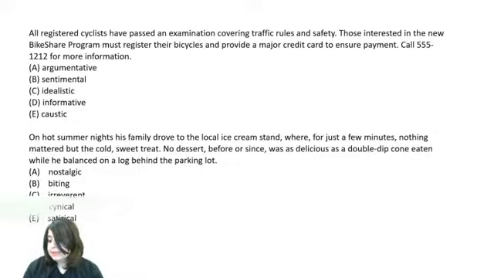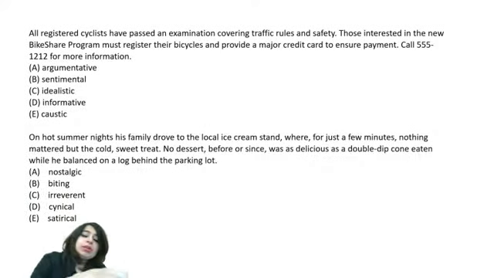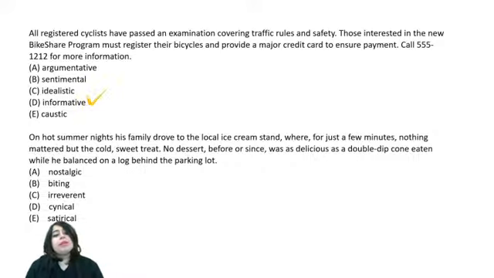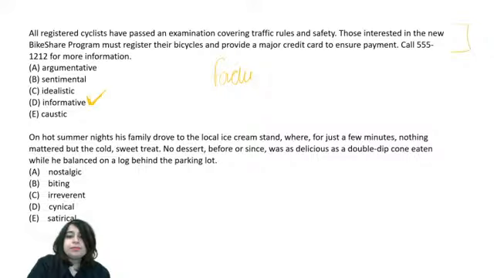So Rohan has answered here as D. Abhishek has also answered D. Very good, guys. Yes, the answer should be D here. The answer would be informative. Why? Because the paragraph here is purely factual in nature. It gives only facts and it has no stance whatsoever.